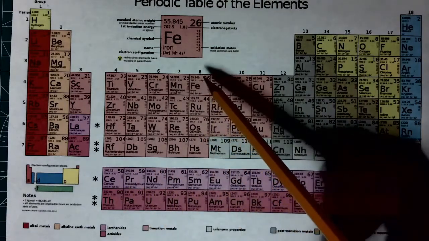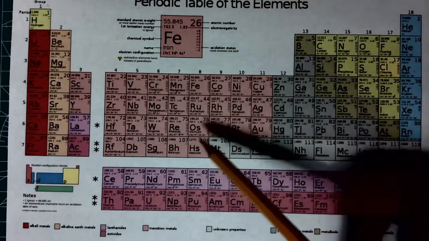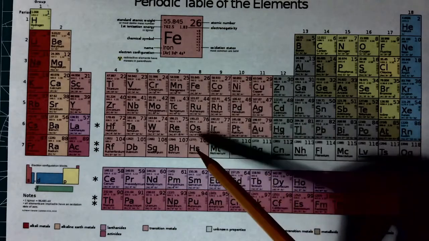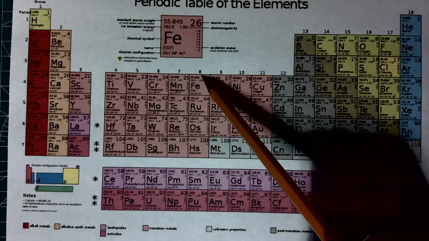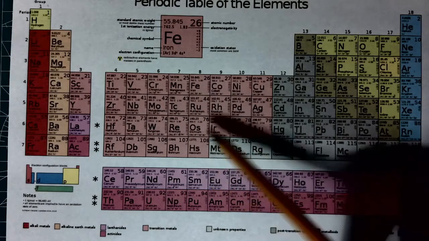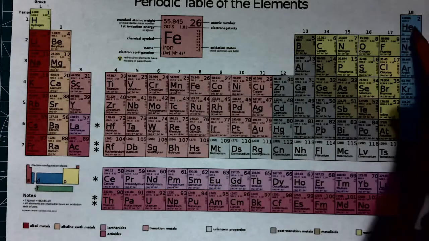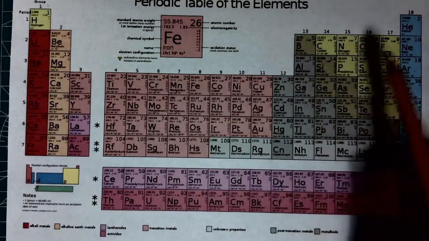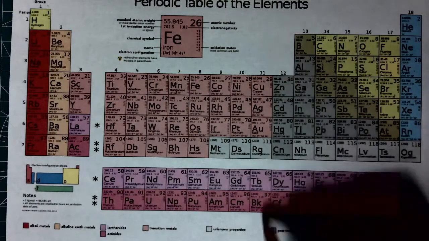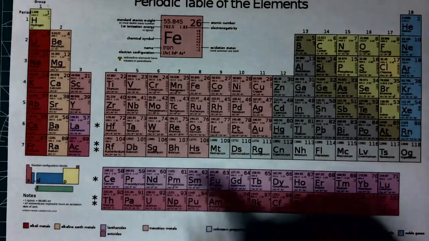Because the elements in a specific group have similar properties, we'll often talk about the properties of the group 8 elements, or the properties of the group 18 elements, and we'll go along and speak about those.